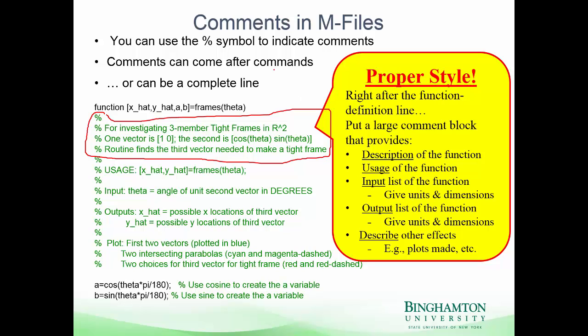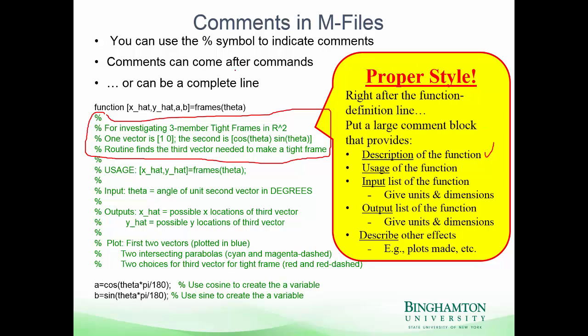So that's the description of the function, and you can be as brief or verbose as you want for that. You should write enough so that somebody who kind of knows the theoretical ideas that your function is based upon can understand what it is going to do.